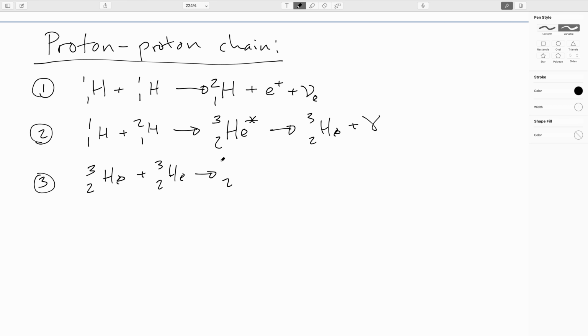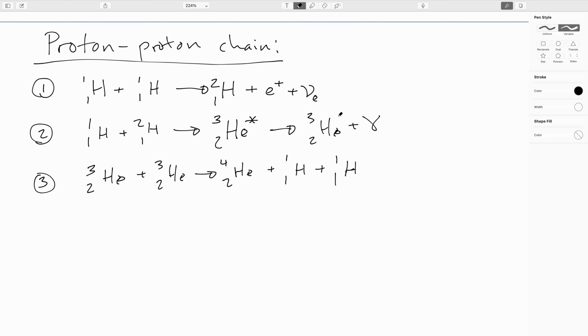So you end up with a helium-4 nucleus, which is the most common form of helium, and then 2 protons leave the party. Although they're still floating around in the sun somewhere, so they could wind up going in.